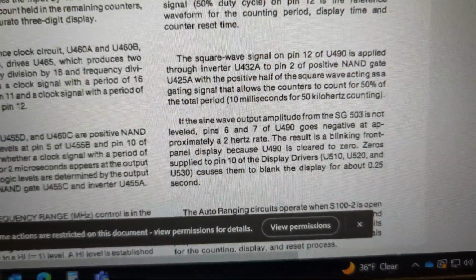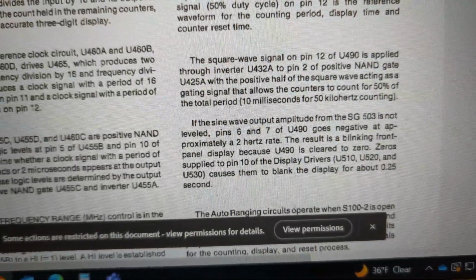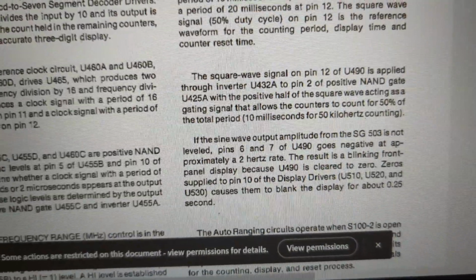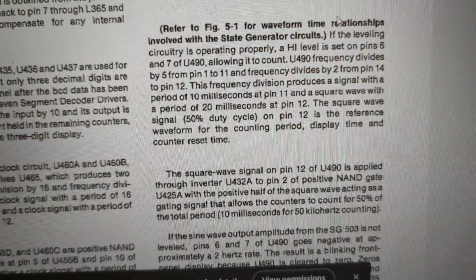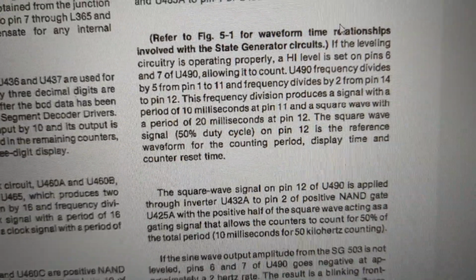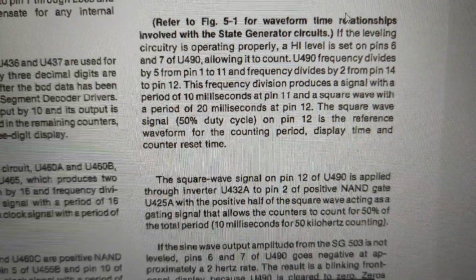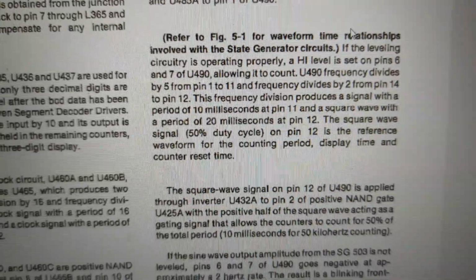it makes you think this could all be due maybe to the leveling circuitry not operating correctly, or it could be something else. But I'm just keeping that in the back of my mind, because although those pins are low, it says 6 and 7 are high, allowing it to count.